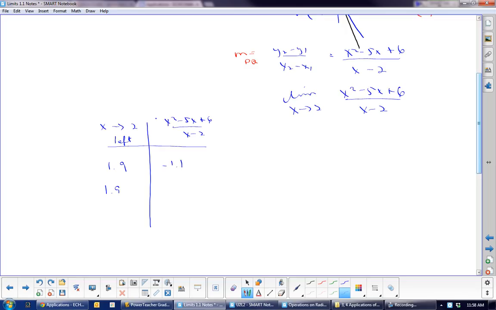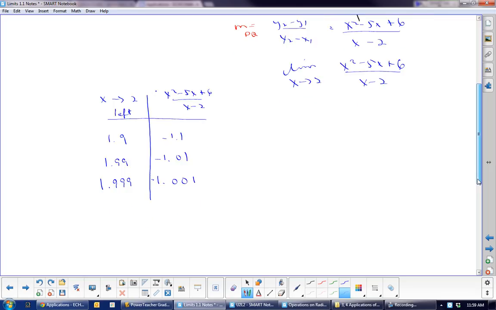If you put 1.99 in there, you get negative 1.01. If you put 1.999, you get negative 1.001. So as we approach 2 from the left, our slope turns out to be pretty close to negative 1.